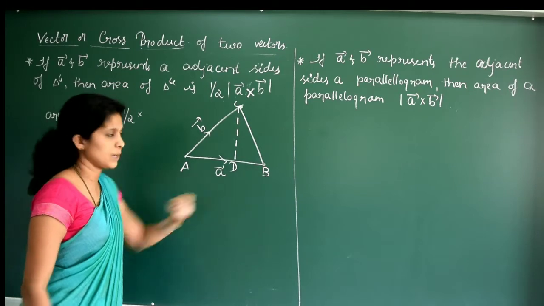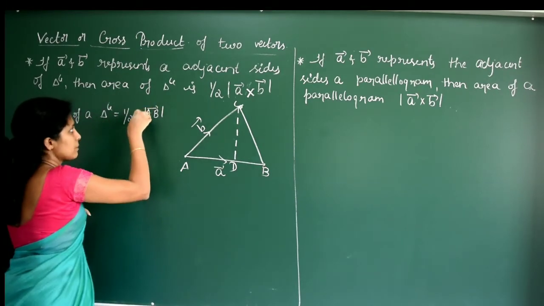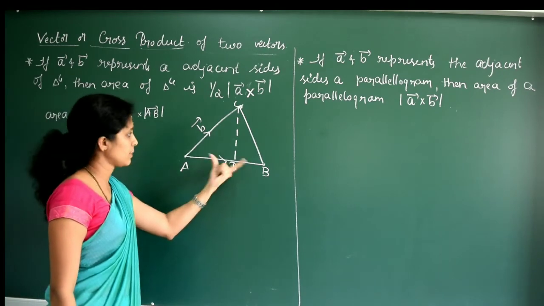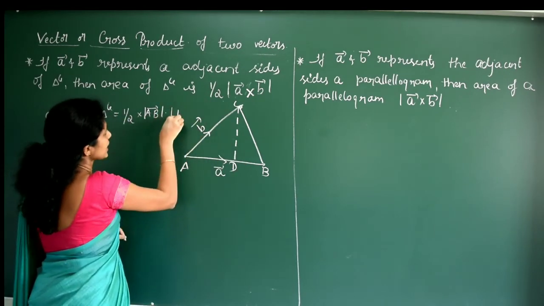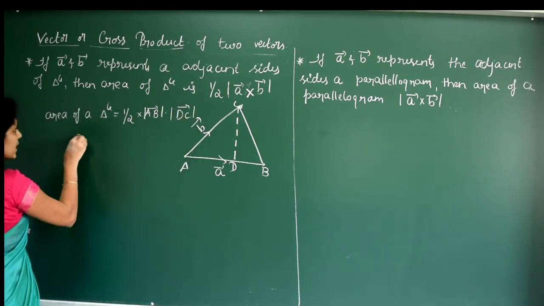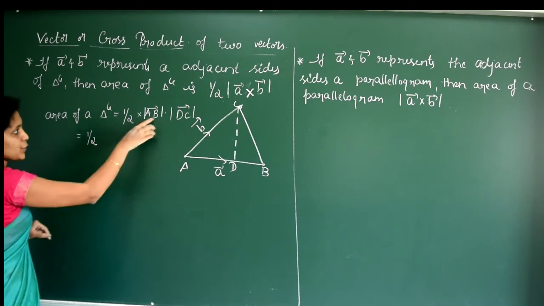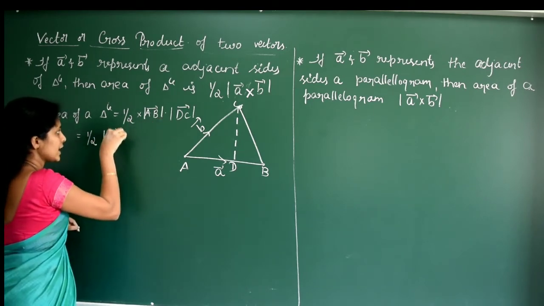Base is AB, right? Magnitude of length. Base is the length, that is magnitude of AB vector, into height, which is the magnitude of DC vector. By this we can write half into magnitude of A vector into magnitude of DC vector.